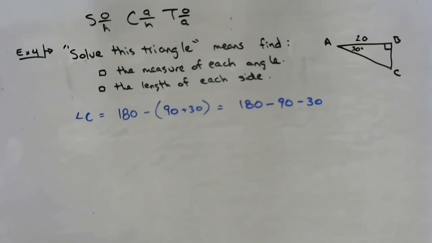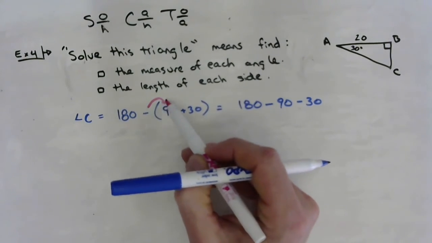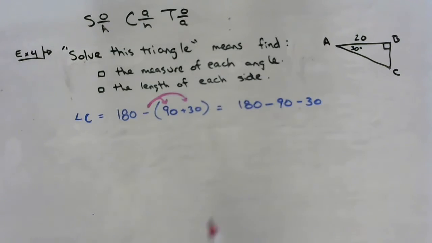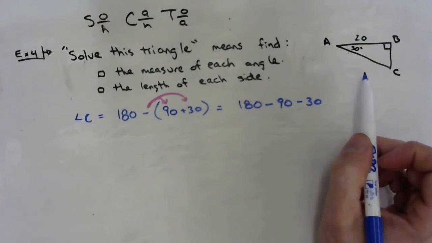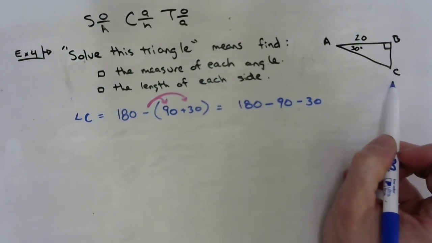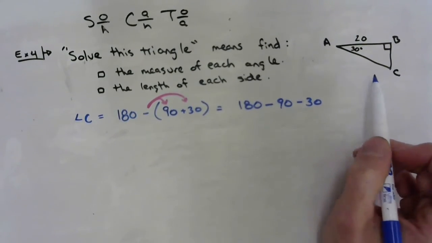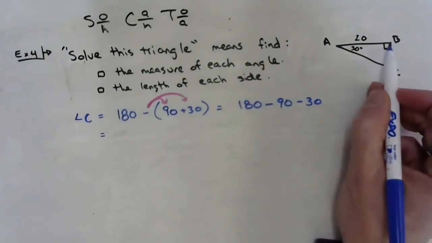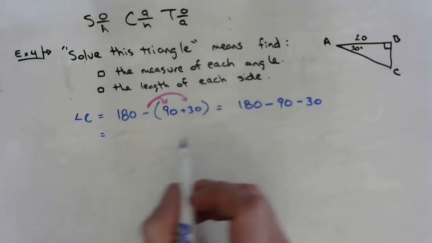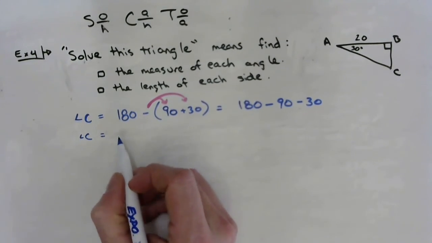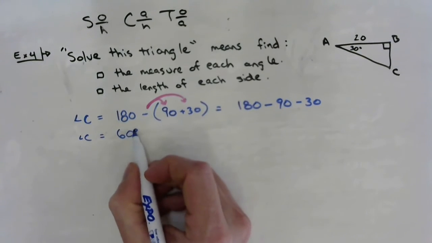That works. Algebraically, all you did there was distribute this negative sign to the 90 and the 30. You could also just do 90 minus 30, because you know that A plus C is going to be 90, because the 90 from B is already gone from the 180. Either way, angle C equals 60 degrees.